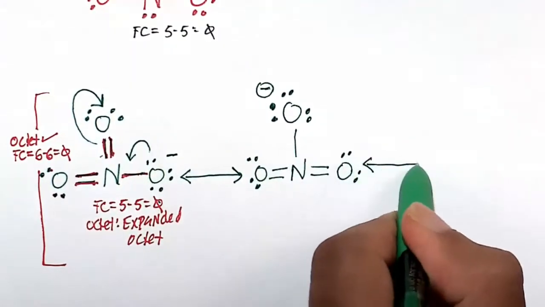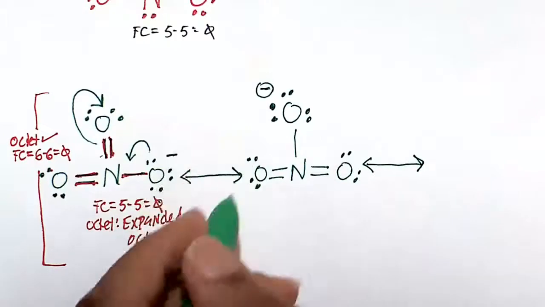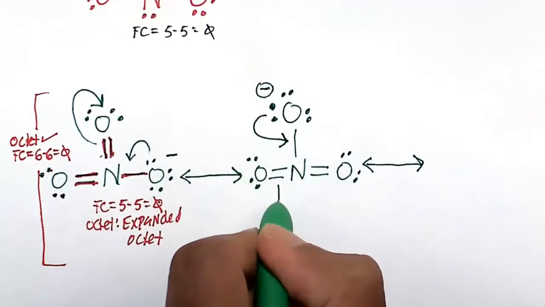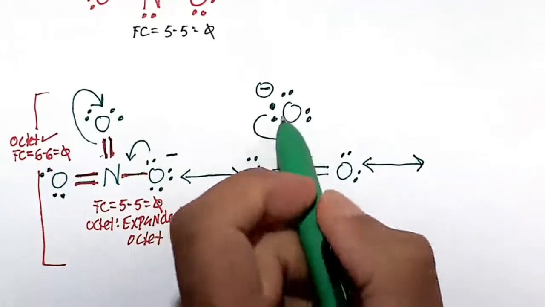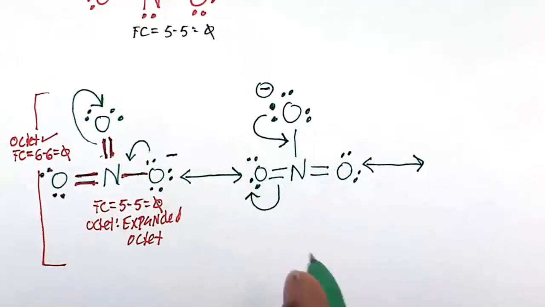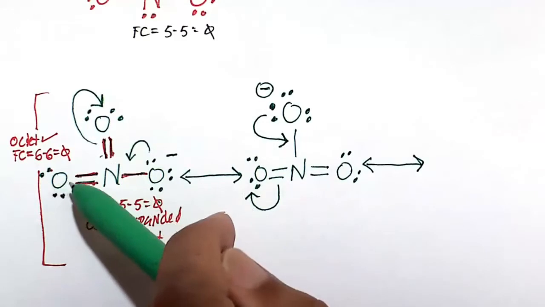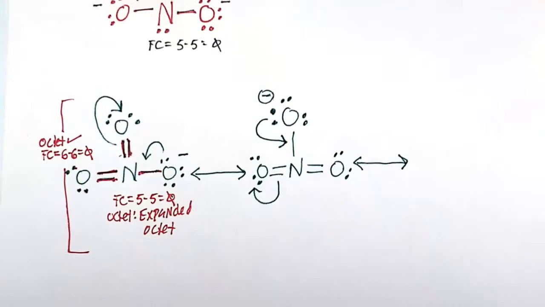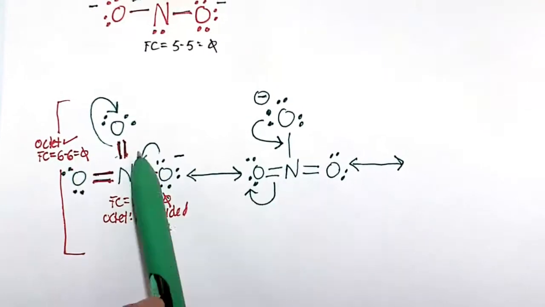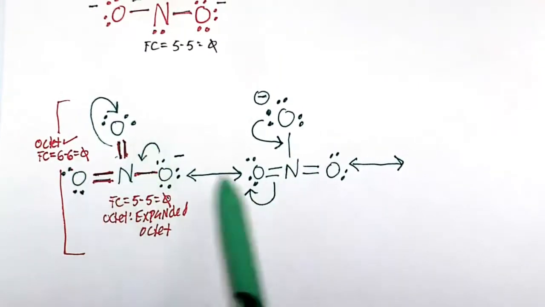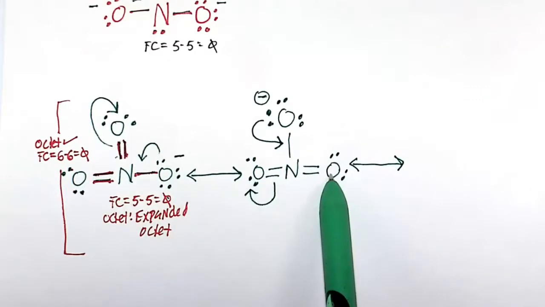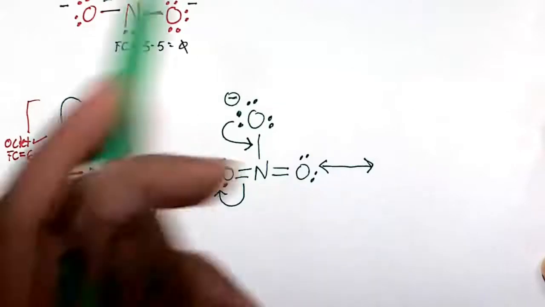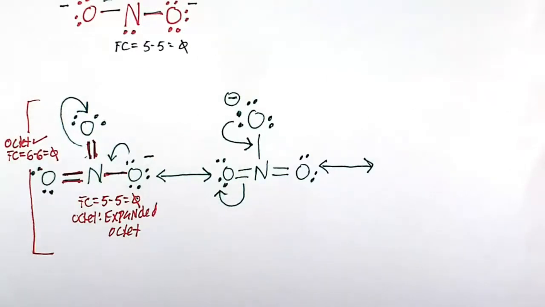And then my final form of nitrate is where I'll kick out this pair of electrons. Here on the rightmost side, I'll make a double bond there. And now my single bond is on the leftmost oxygen. I have a double bond now. Instead of top and left, I'm going to have my double bond top and right. In other words, the single bond has interchanged and is delocalized amongst the 3 oxygens.